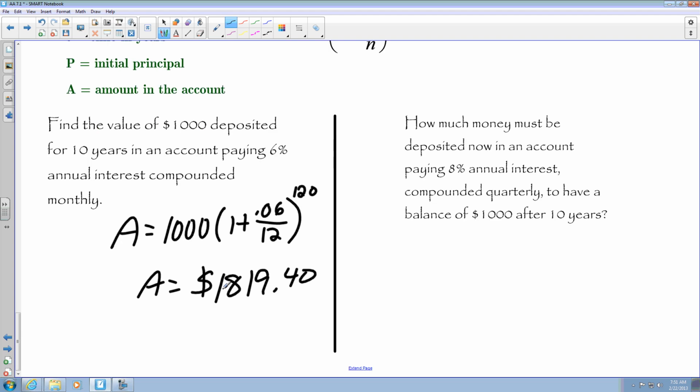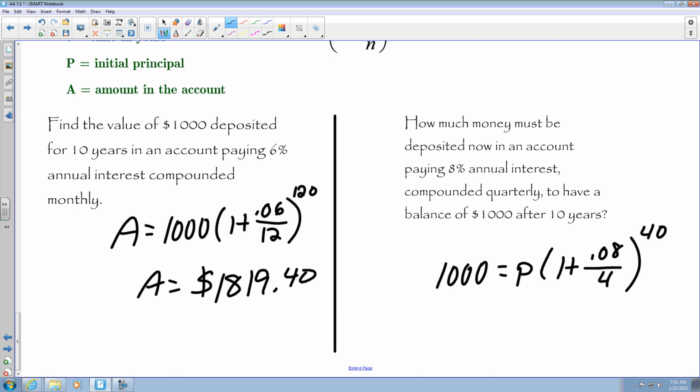The second example here is they want you to know how much money must be deposited. So they don't know what the initial principal is, but they want to have a balance of $1,000 after 10 years. So your A is 1,000 equals, we don't know what P is, but we have 1 plus, we know what the rate is, 8%, and it's quarterly, so that means we divide it by 4, and they want to know it after 10 years, so N times T would be 40.